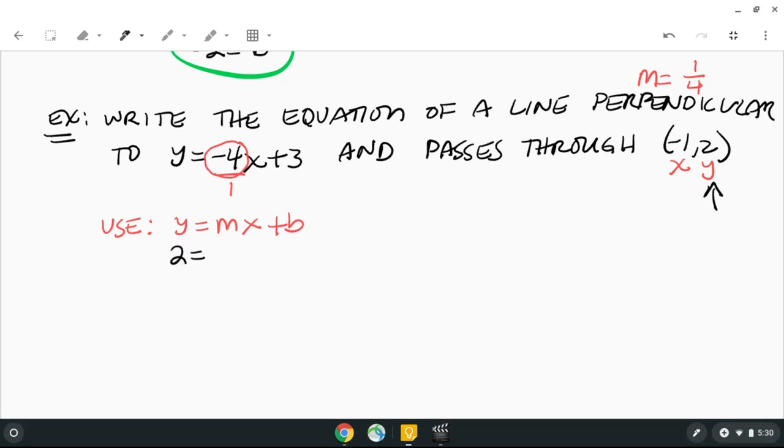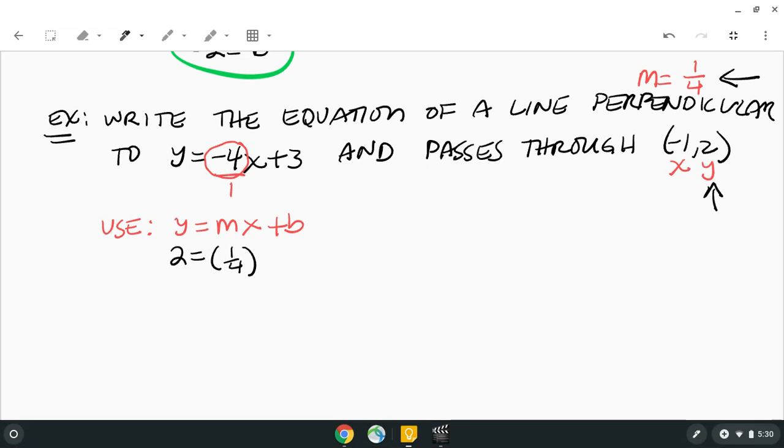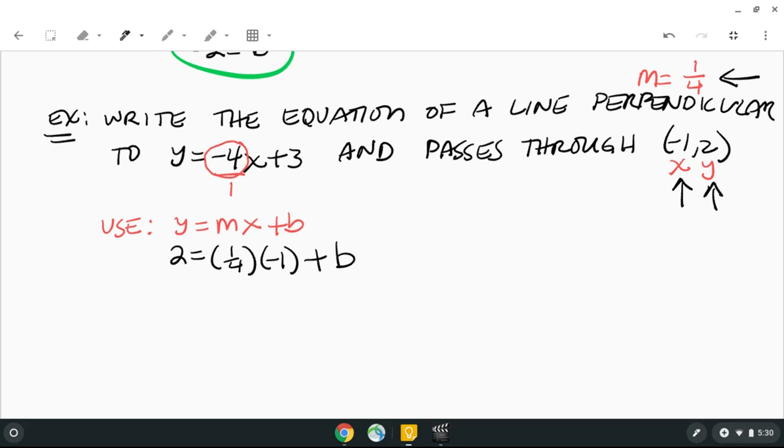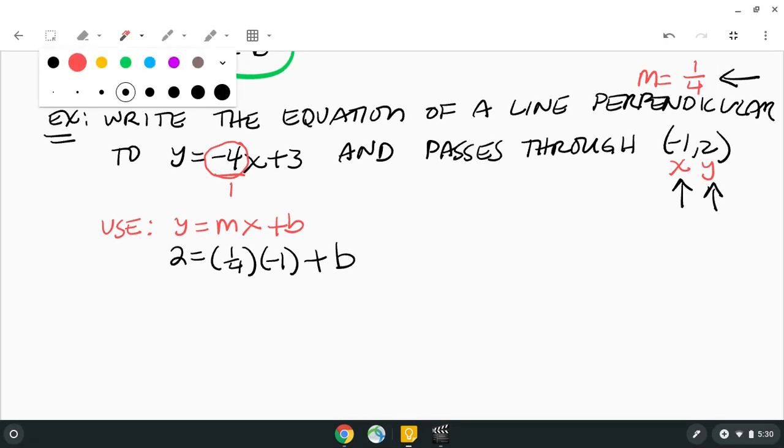My slope is up here, so that's 1/4. x is here, -1. And b is the one we don't know.